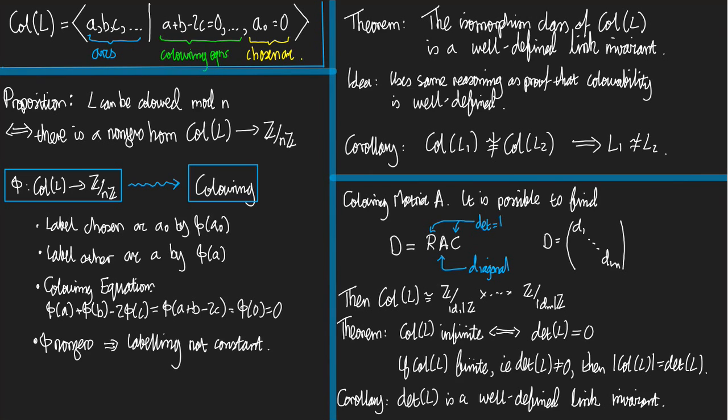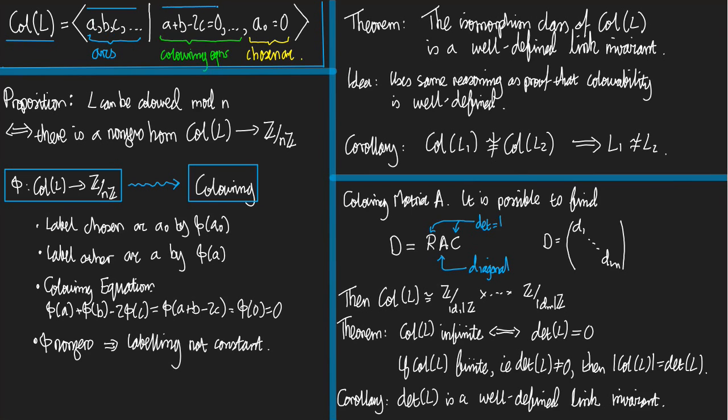So remember, the colouring group of a link L is the abelian group with the following presentation. First, its generators are things A, B, C, and so on, the arcs of a chosen diagram. We start by choosing a diagram, and then we take the group whose generators are the arcs, subject to some relations.